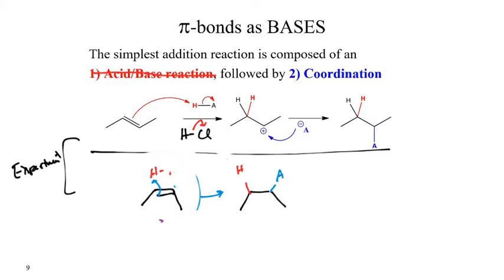What I will do is break it first, and then I'll have it attack. So I will start my mechanism by doing H plus, H to Cl, and then I still have to write less, right?